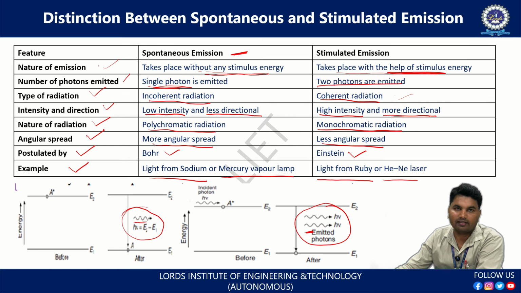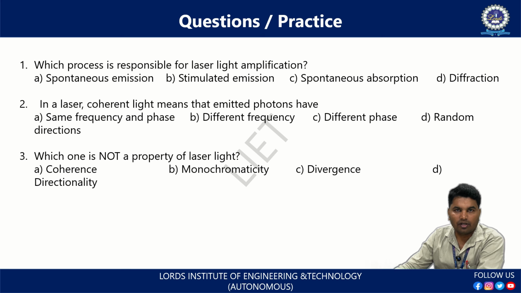And we have seen the principle involved behind that, that is stimulated emission. And we also have seen the absorption, spontaneous emission, and stimulated emission phenomena. Let's see the recapitulation in terms of a questionnaire.